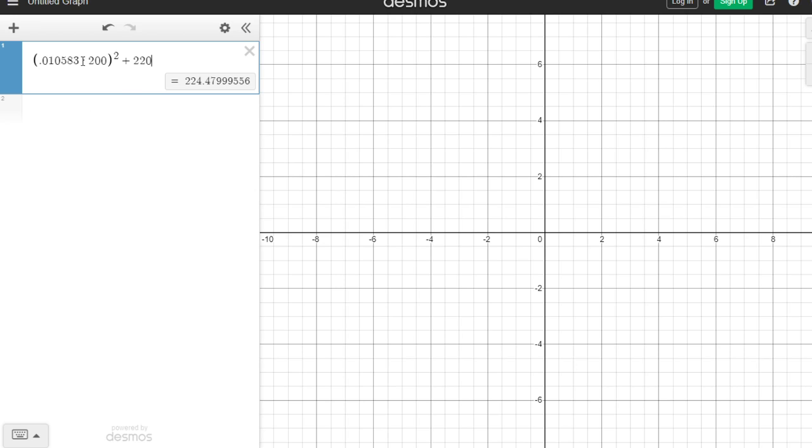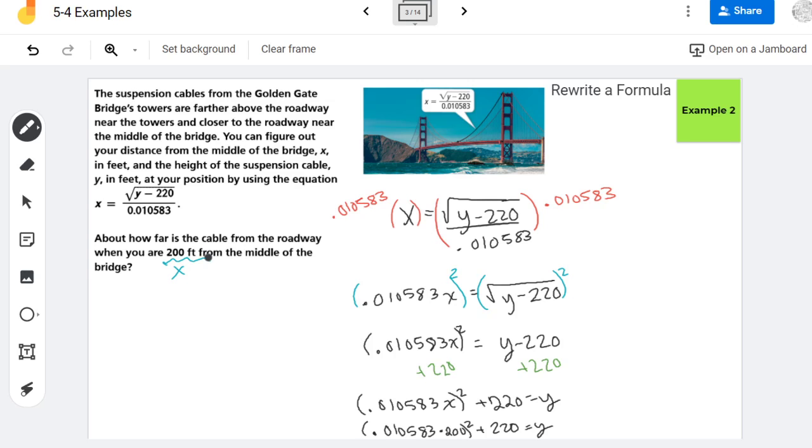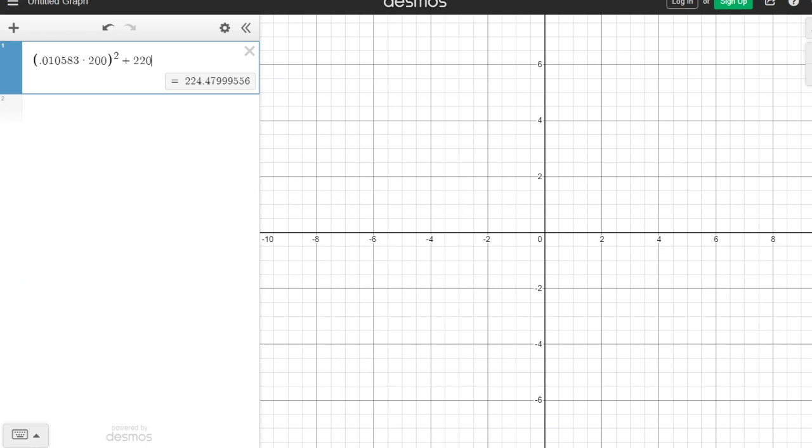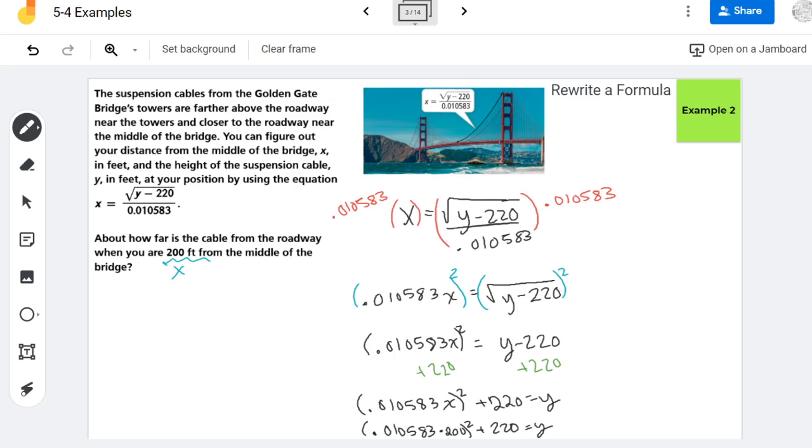So now I'm just double checking to make sure that I typed everything in correctly. It looks good to me. The question itself doesn't tell us how many decimals to use, so I'm just going to round to the nearest foot. So I'm going to say the cable is about 225 feet from the roadway.